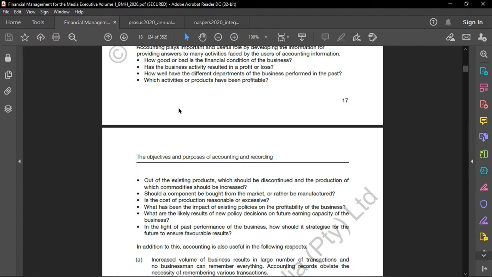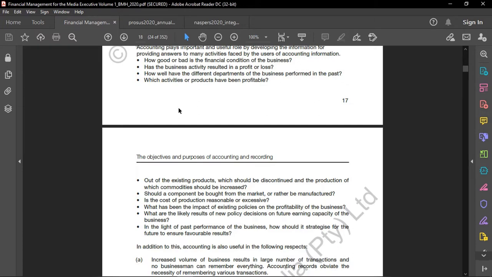For example, the first one says, how good or bad is the financial condition of the business? Notice that's a question that you would like to answer. So now you need to use information in order to establish how good or bad the financial condition of the business is. So my question to you would be, what are you going to look at?